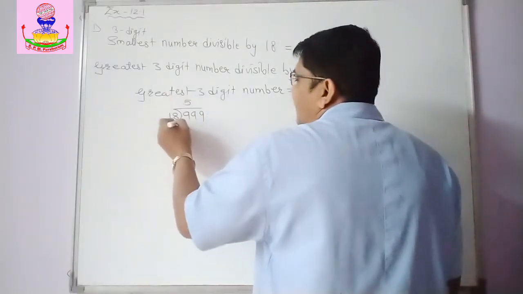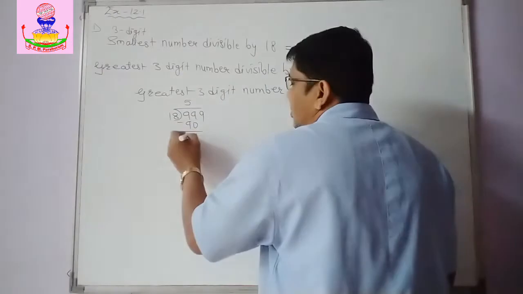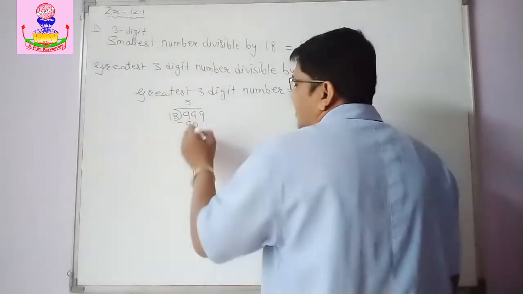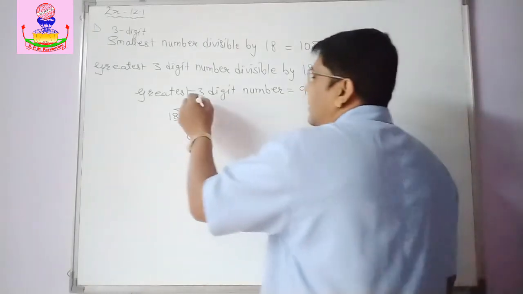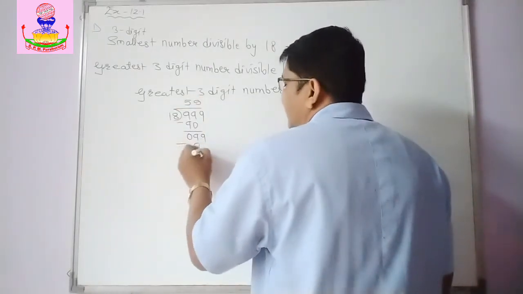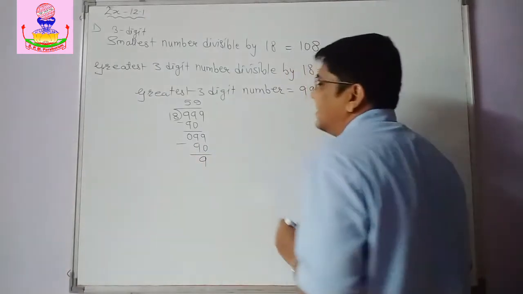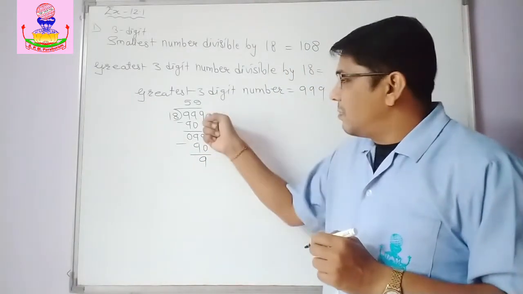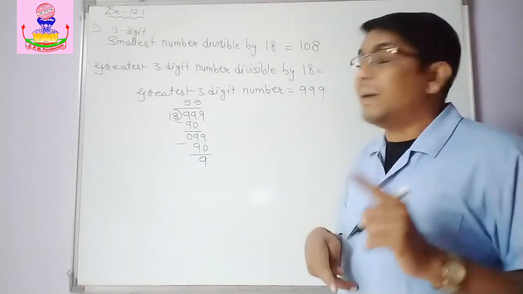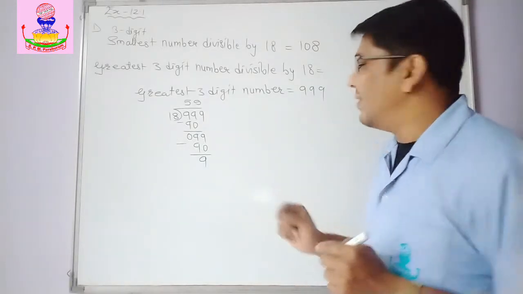So 18 5s are 90, remainder 9. So this 9 comes down, 99. Again 18 5s are 90, so remainder 9. Subtract this remainder from this, and you will get a number divisible by 18.